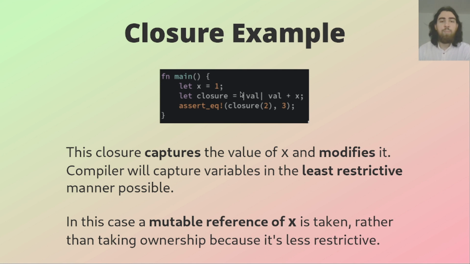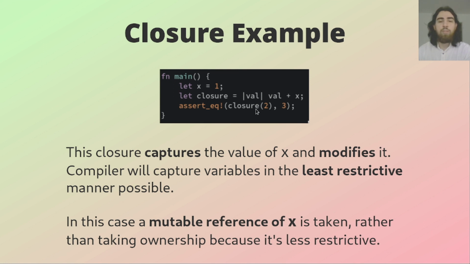So the closure here is able to capture the value of x, something a function can't do, right? And we then assign this closure to a variable, meaning we can then call this closure like a normal function.